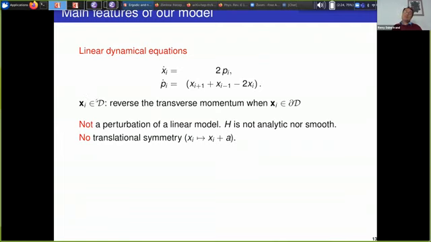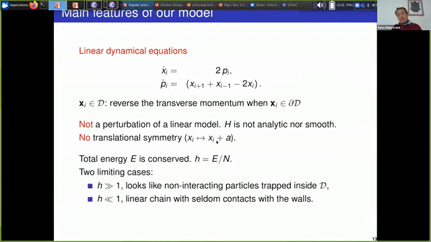And this latter constraint makes the model not a perturbation of a linear model. The Hamiltonian is also not analytic nor smooth. And also, conversely to the Fermi-Pasta-Ulam-Tsingou situation, there is no translation symmetry here.